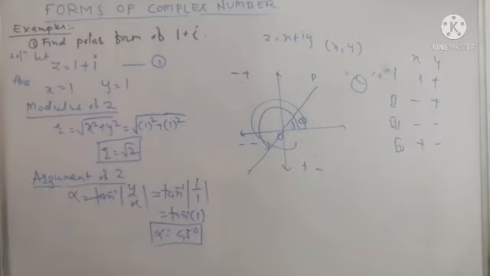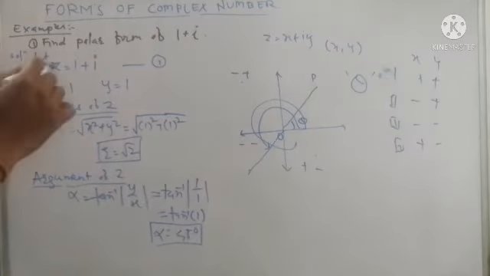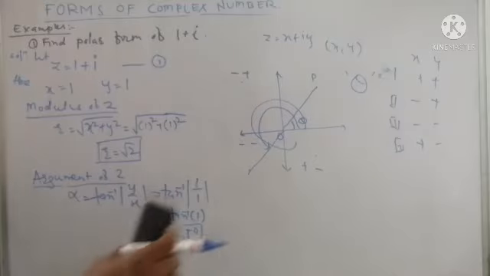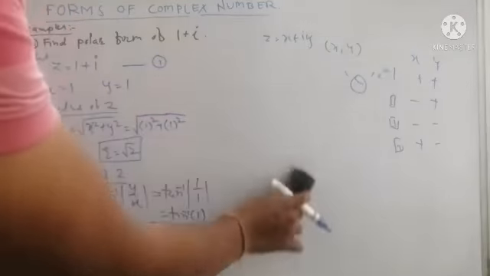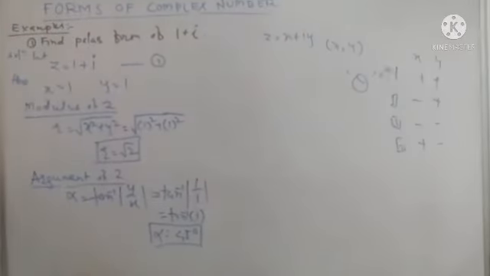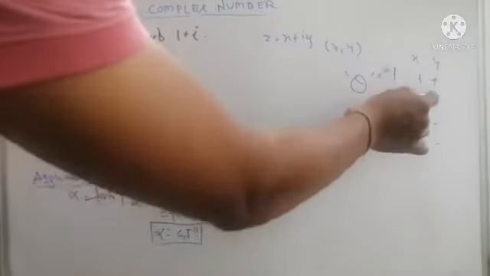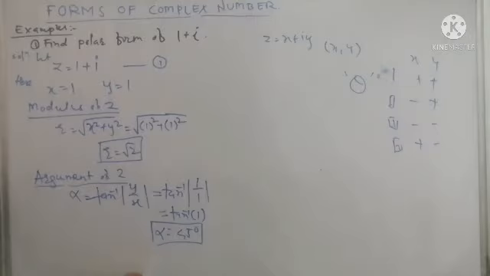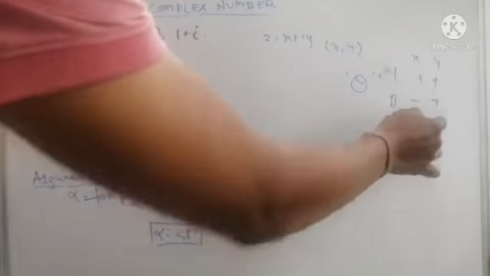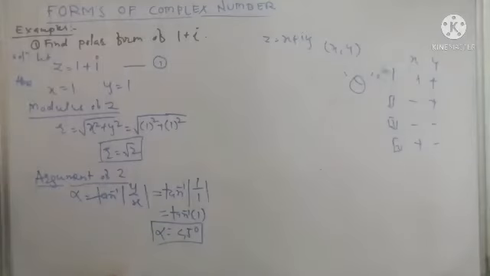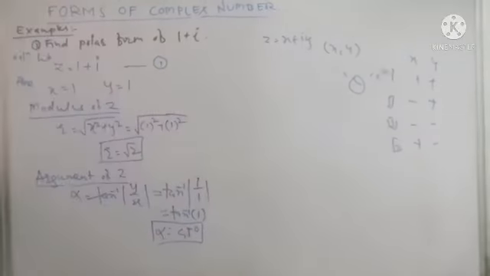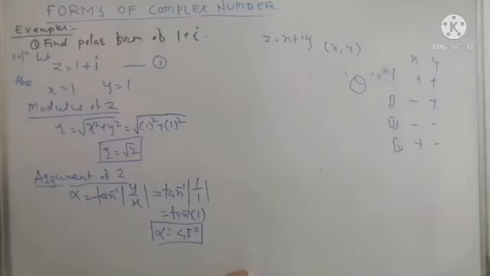Now, by using the sign of x and y, you can clearly define that if x and y both are positive, then angle theta is in the first quadrant. If x negative, y positive, then angle theta, that means argument, is in the second quadrant. If both x and y are negative, then argument theta is in the third quadrant, and if x positive, y negative, then argument theta lies in quadrant number 4.